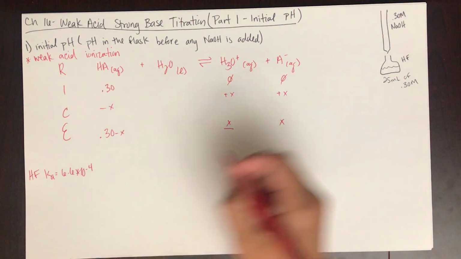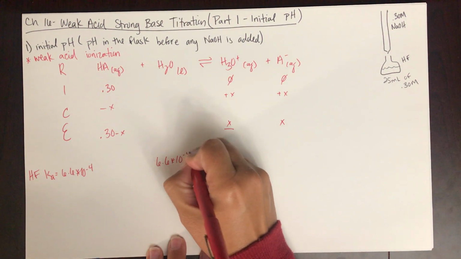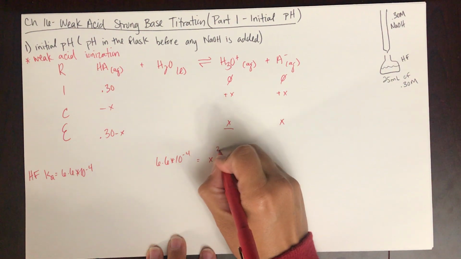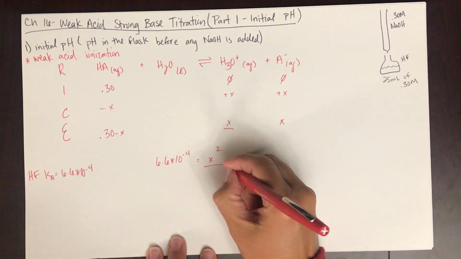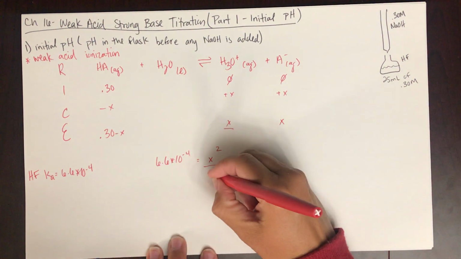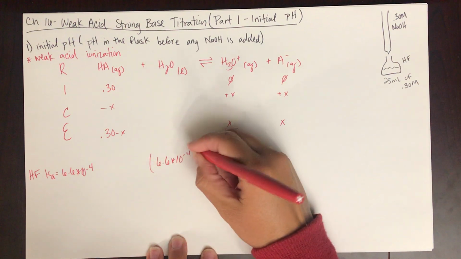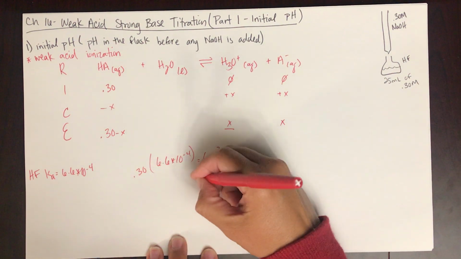Okay, so let's solve. Ka, 6.6 times 10 to the negative fourth, equals x squared over 0.30 minus x. I'm going to assume this x is negligible, so 0.30. Multiply both sides by 0.30. Take the square root.